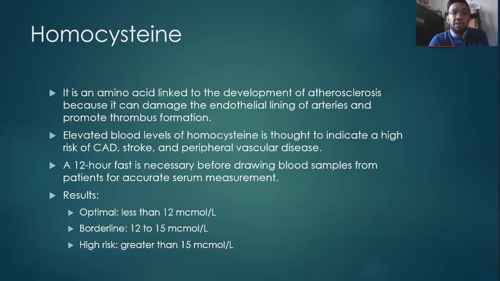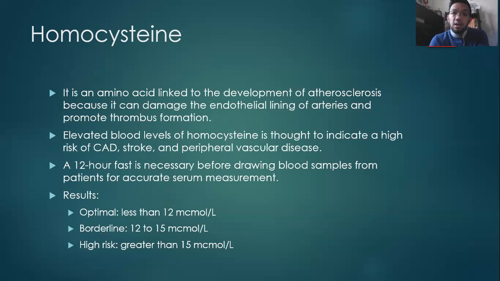Now for homocysteine, this is an amino acid that is linked to the development of atherosclerosis, because this amino acid can damage the endothelial lining of the arteries. That's the innermost layer of the artery.